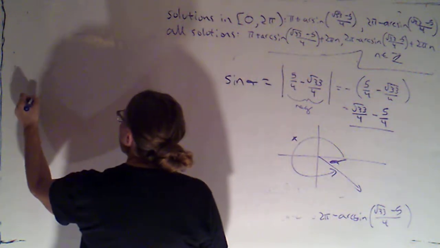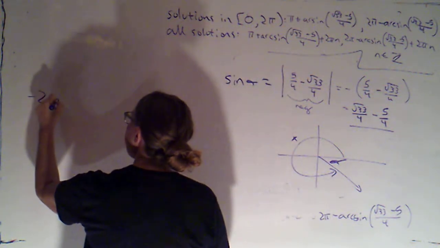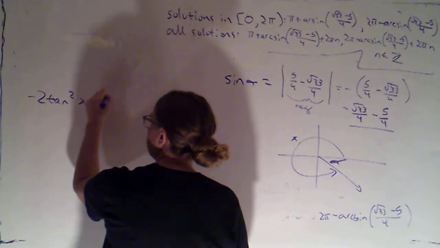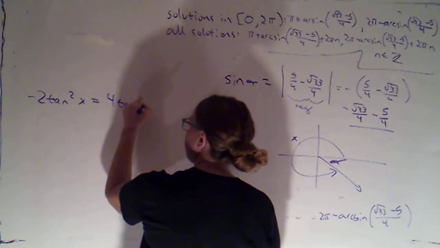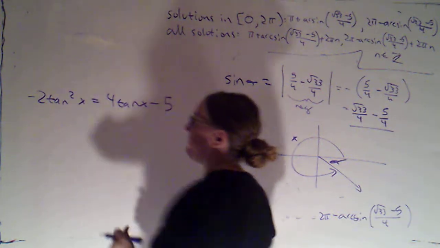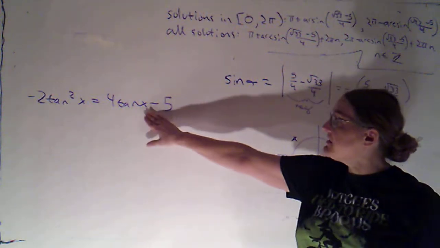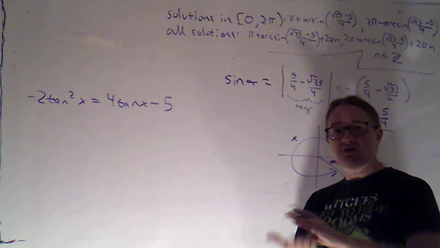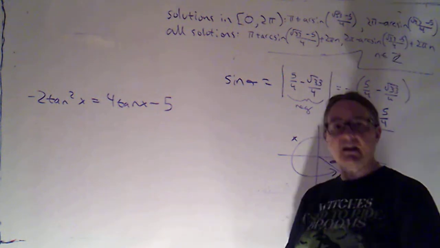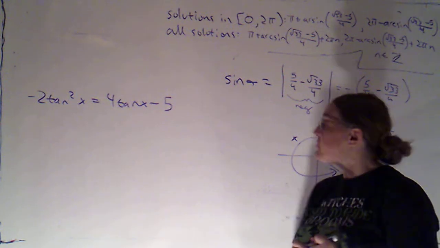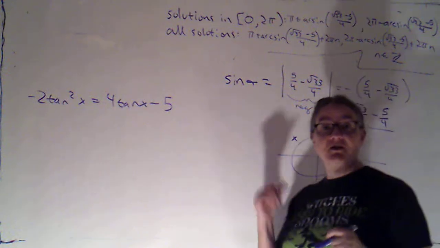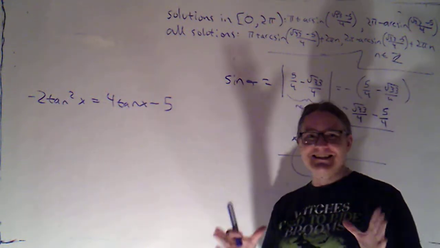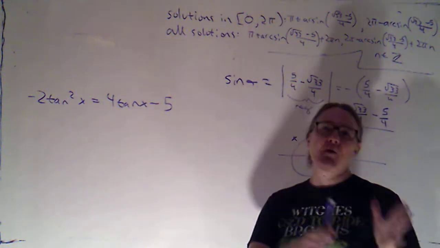Okay. So I'm looking at negative 2 tangent squared x equals 4 tangent of x minus 5. Now, one thing that's nice about that is with tangent, the range of tangent is all real numbers from negative infinity to infinity. So I'm not going to have to do the work we had to do in this one of checking to see whether my numbers are between negative 1 and 1.